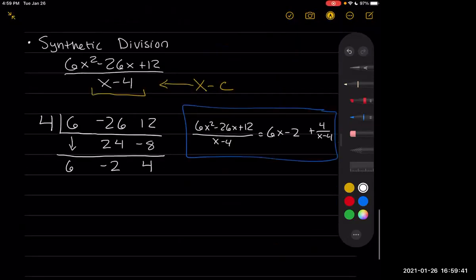Okay. We also learned the remainder and factor theorems. And these are important because they tell us how to factor a polynomial.